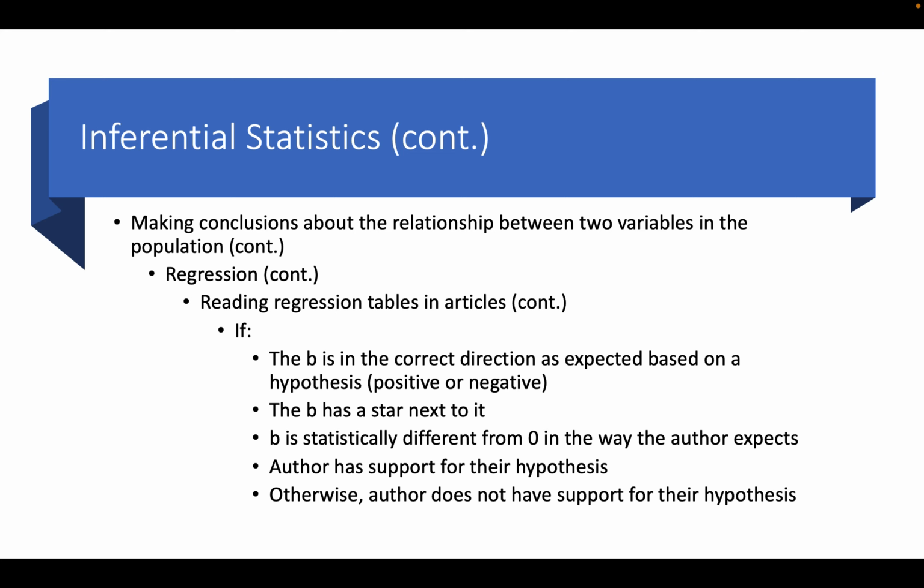So if the b is in the correct direction as expected based on a hypothesis, and the b has a star next to it, then b is statistically different from 0 in the way that the author expects. The author thus has support for their hypothesis. Otherwise, the author would not have support for their hypothesis.